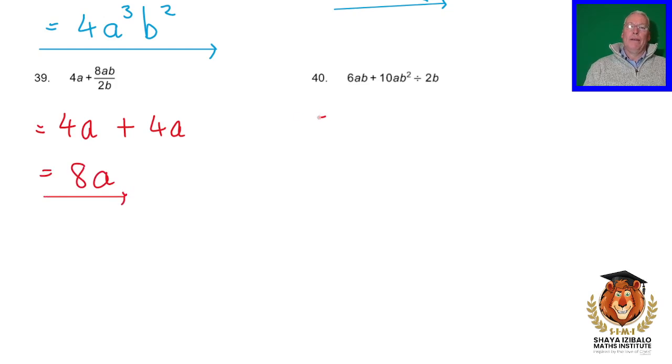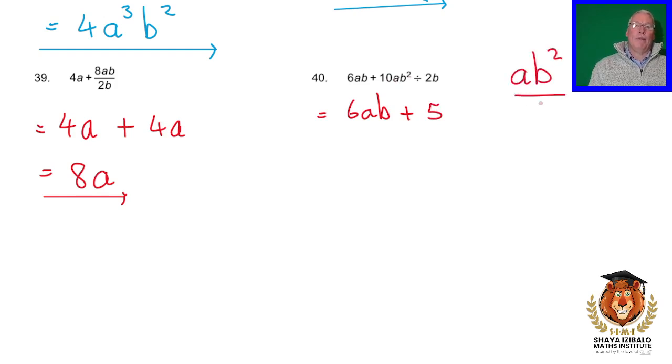And the last one, remember that we must do the division before the addition. So we're going to leave that 6ab. 10ab squared divided by 2b. 10 divided by 2 is just 5. ab squared divided by b. Two ways of thinking about it.